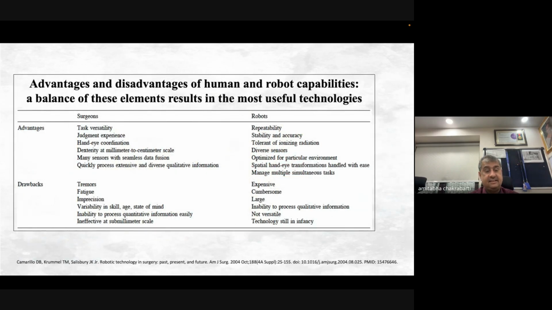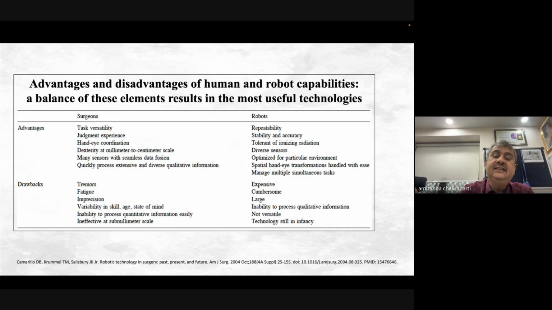Now, what are the advantages of a robot? Before going into advantages and disadvantages, first we should talk about what a robot is. A robot is a reprogrammable, computer-controlled mechanical device equipped with sensors and actuators.